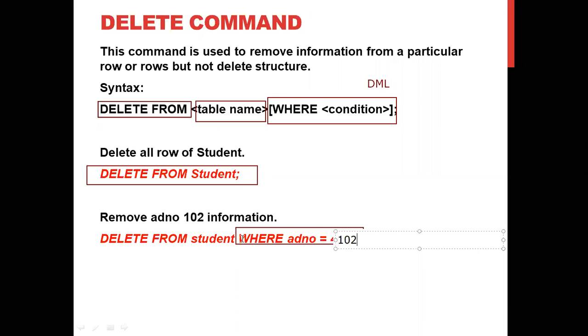If you do not give the condition, it will delete the entire rows. We do not write anything like DELETE name star, because by default DELETE removes the rows. Okay, just check.